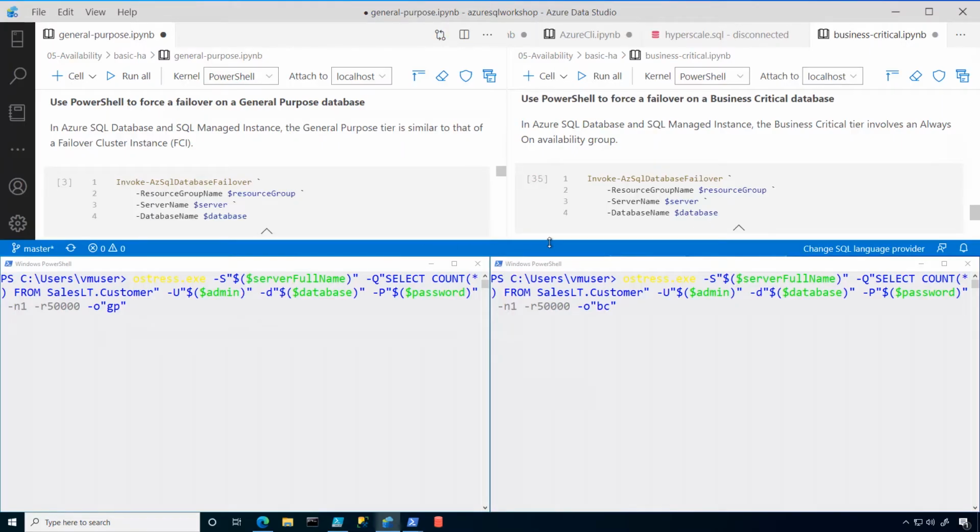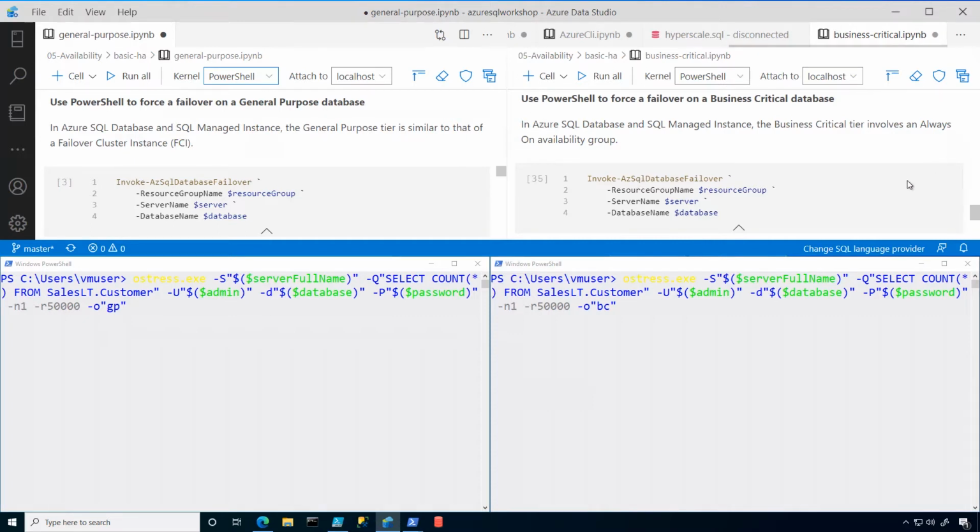Okay, so there's a lot going on here, so just give me a moment to explain what you're seeing on your screen. At the top, I have Azure Data Studio, and I'm running two PowerShell notebooks. You guys know I love notebooks, but these are PowerShell notebooks, which I'm using to run Azure PowerShell commands.